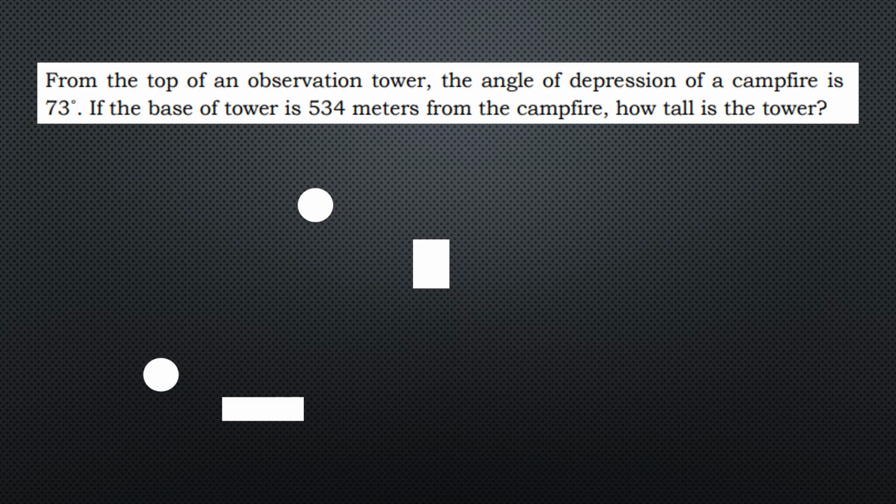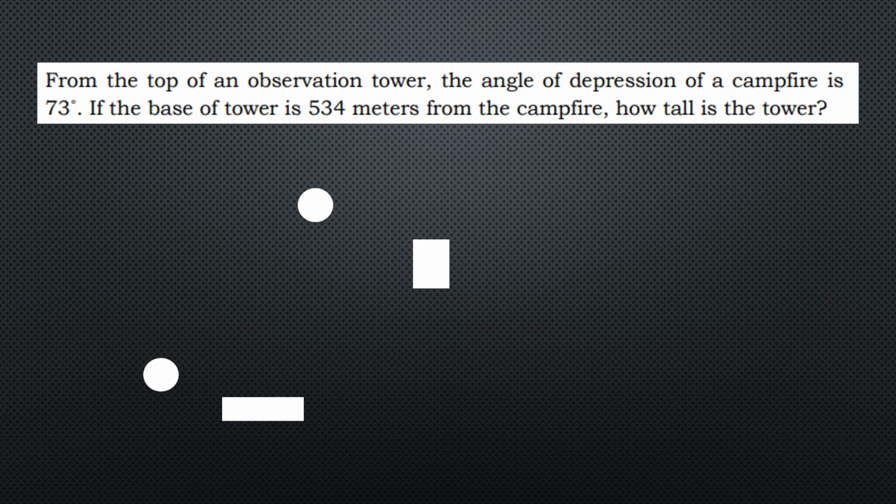Okay, next example. From the top of an observation tower, the angle of depression of a campfire is 73 degrees. If the base of the tower is 534 meters from the campfire, how tall is the tower?